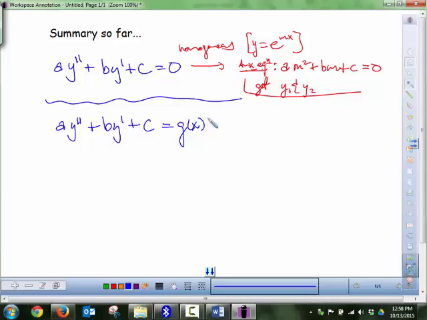The next thing we went over was the non-homogeneous one. So how do we do this? We set up the homogeneous part.